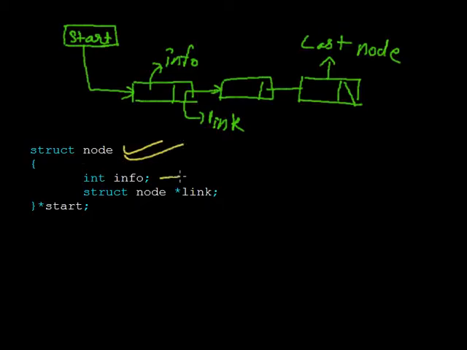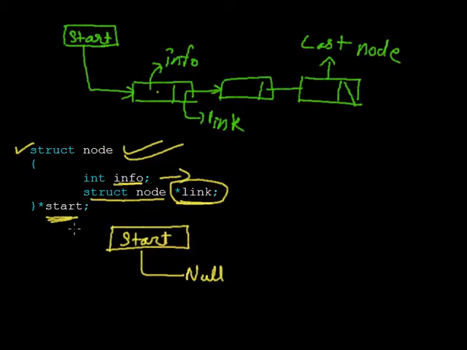In this structure we have an info part which will store the information of a particular node, and the link part of a node is of struct type, as the link is for a node and a node is represented by this structure, so we are declaring it as struct node star link. Means the address inside this variable will be of type node, and this is the global variable start which will always point to the first node in the linked list.